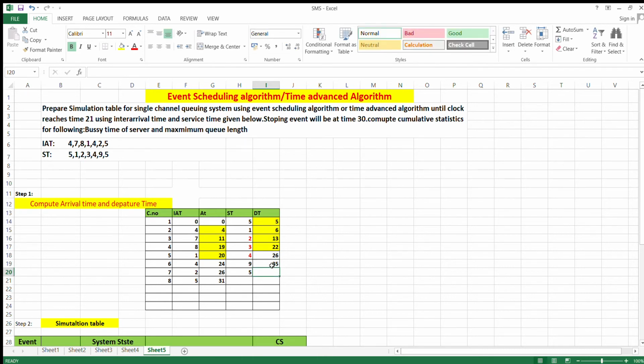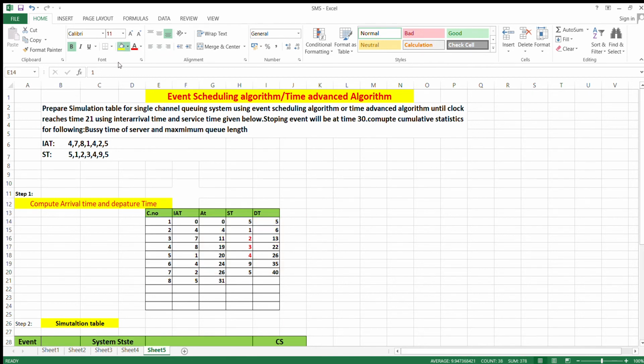Departure time is 35, arrival time is 26. Maximum is 35. 35 plus 5, 40. For the last customer, nothing, so we are not working with the last customer. So we have found the arrival time and departure time.